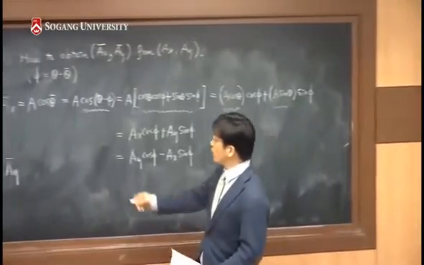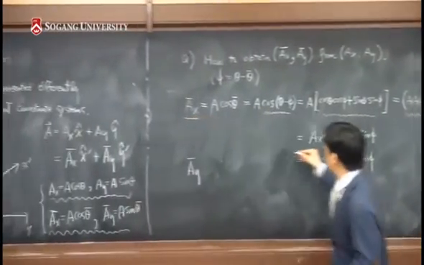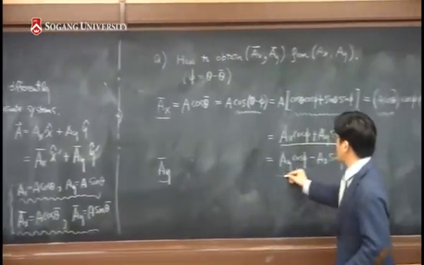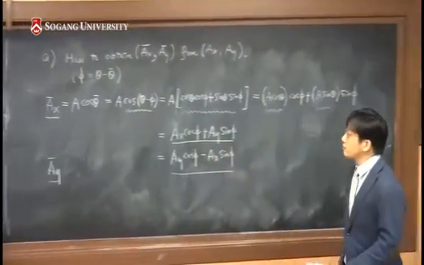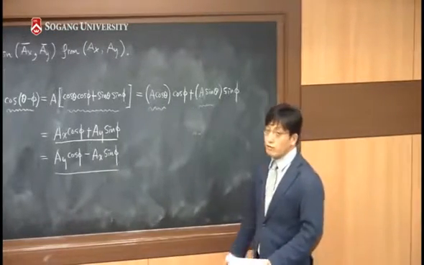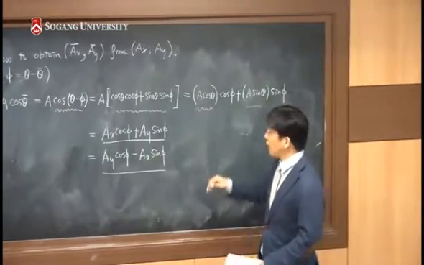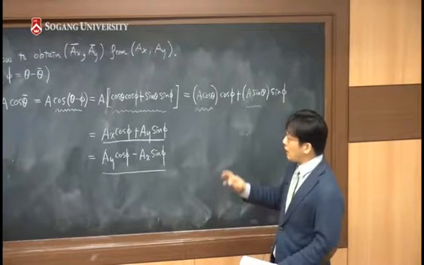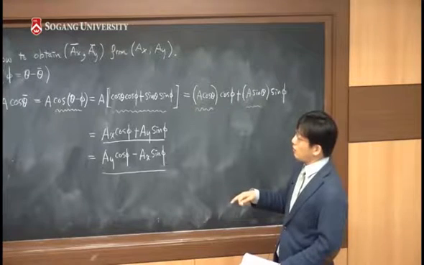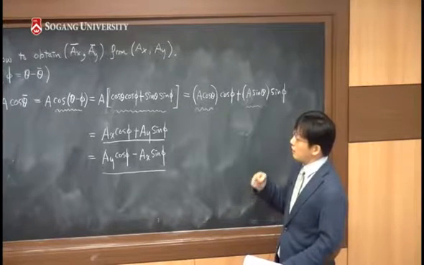So using these two identities, we can construct a matrix transformation rule from a x, a y to a x bar, a y bar.